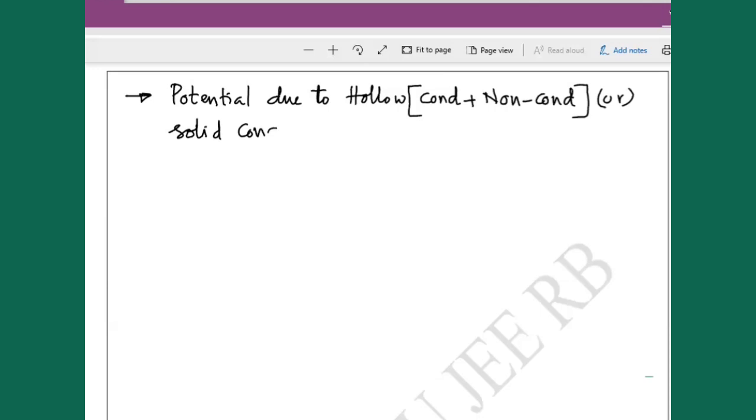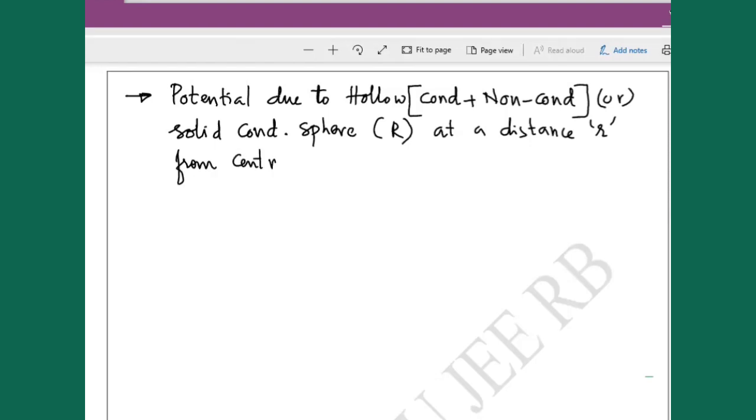Hollow conducting or non-conducting, or solid conducting sphere of radius R, at a distance r from the center of the sphere.